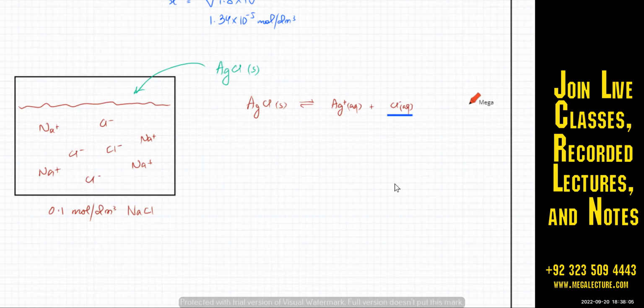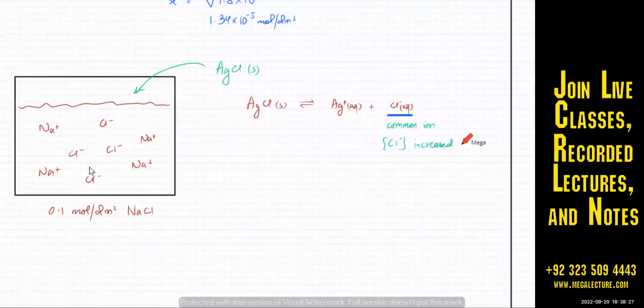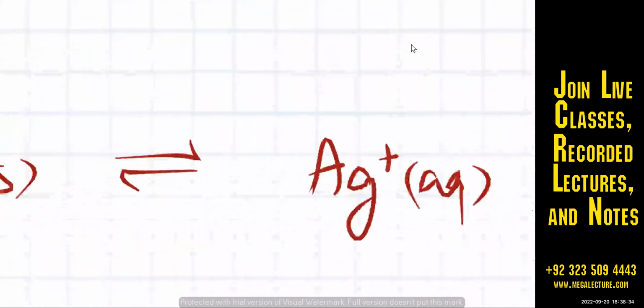So Cl ions are your common ion, present in both. If I increase its concentration, and why did it increase? Because you added NaCl to it, right? Is this clear, Sara? Sidra, is this clear to you?